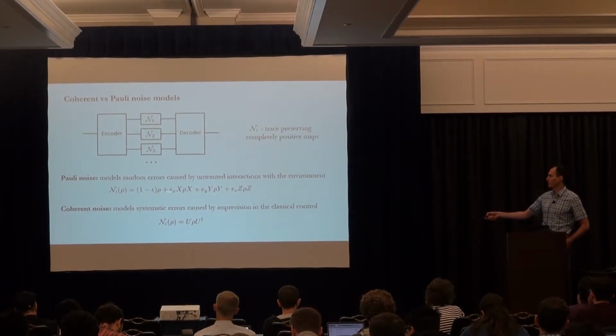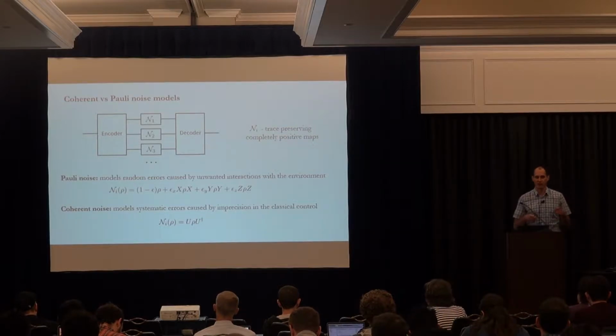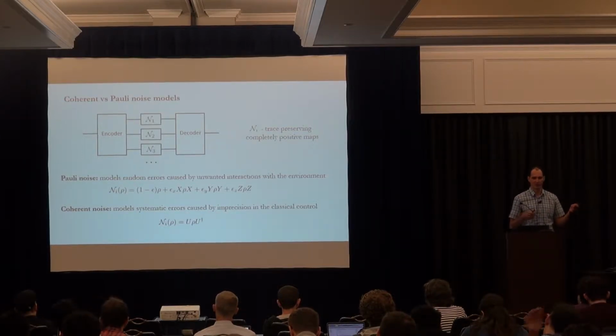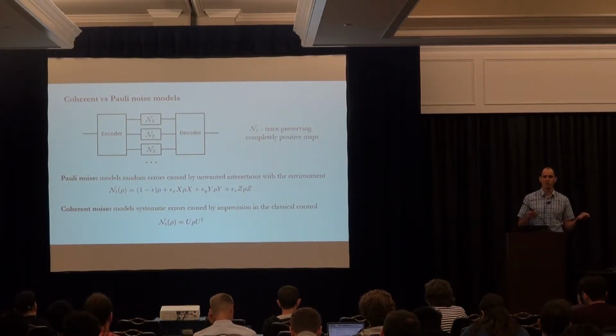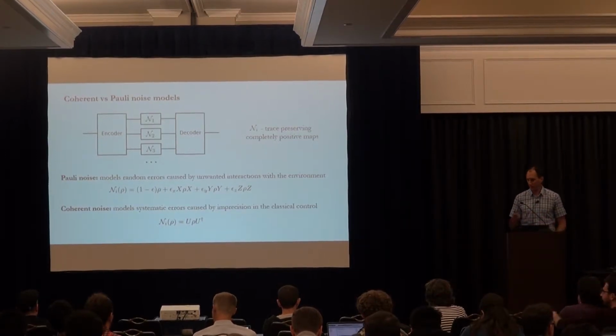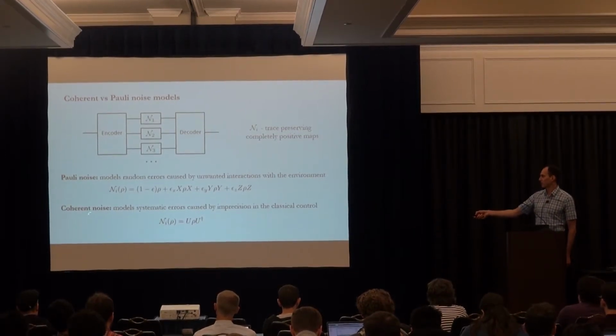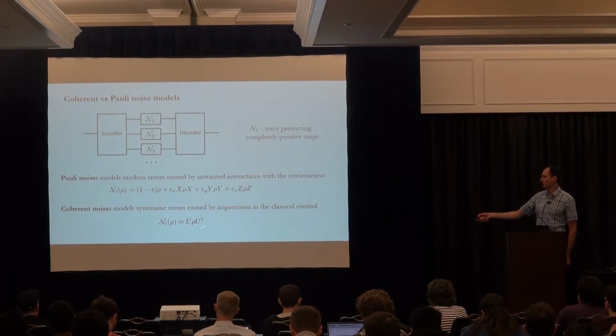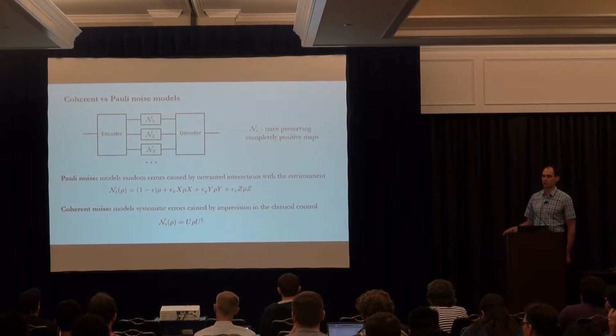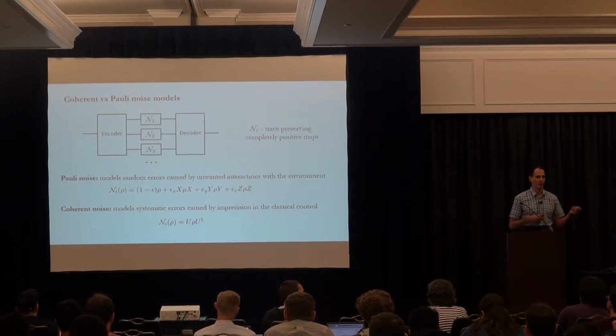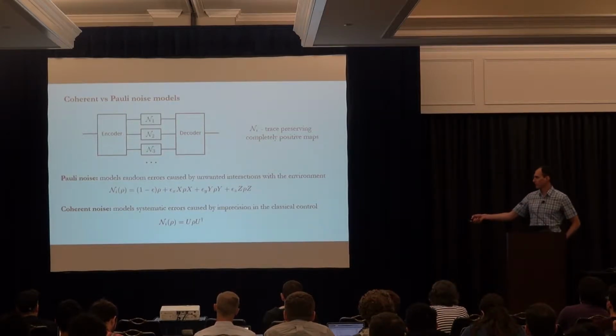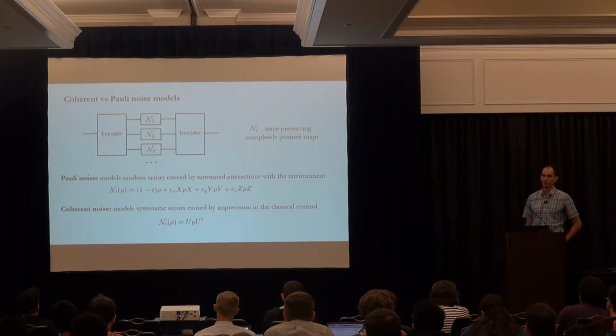We have Pauli noise, where for each qubit we randomly pick some Pauli operator, X, Y, or Z, with some probabilities. And I'm interested in the other extreme case, when each of these noise channels is just some unitary operator, U. We're interested in what happens when this unitary operator is close to identity.